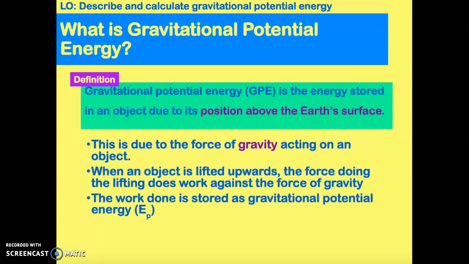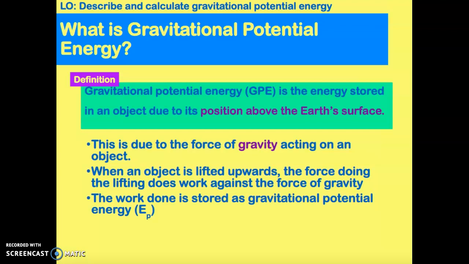All that means is that my gravitational potential energy is dependent on how far away I am from the surface of the Earth. Gravity, we know, is due to the Earth pulling us down. It's that force of gravity acting on an object. So when we're talking about gravitational potential energy, we're talking about that.